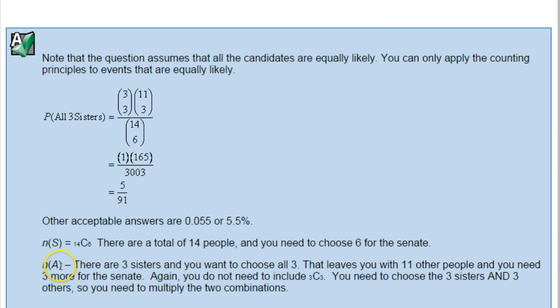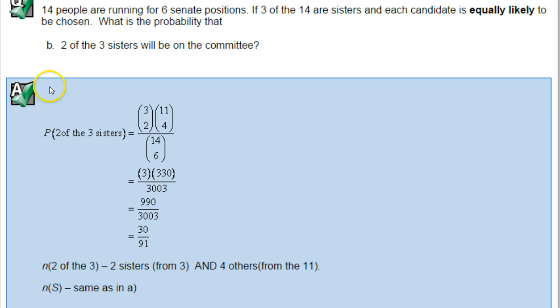Now, then we have to look at the subset where we've got event A. So how many different ways can we set up event A, which in this case is 3 sisters choosing all 3? So in that case, we're doing 3 choose 3. So we need to choose the 3 sisters and 3 others, which is why we multiplied the 2 combinations together. Remember how I mentioned we're dealing with an AND situation, which means we are applying the multiplication principle.